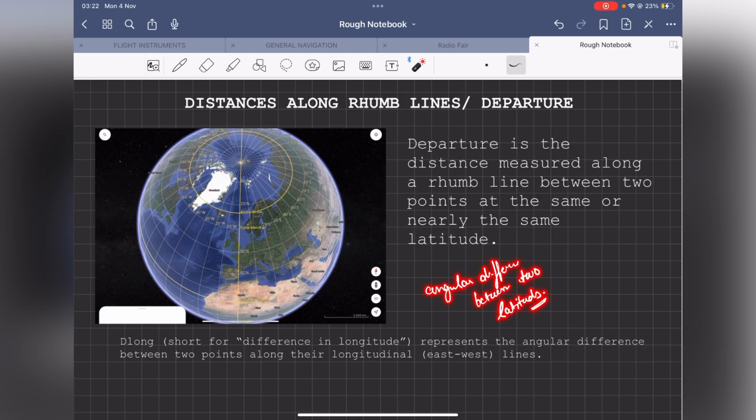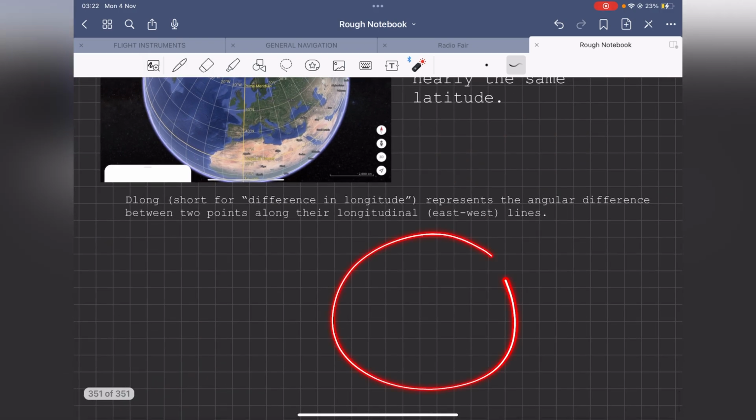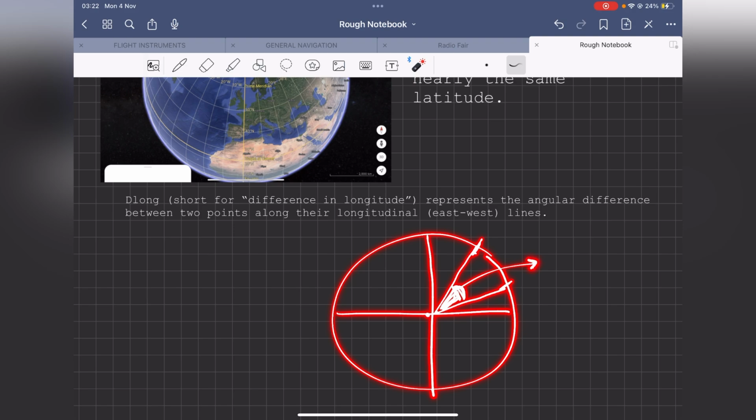In the previous class we saw that if this was the center and this was our prime meridian and this was the equator, and we had two points, I was trying to find out the angular difference between them. I was trying to find out this angle, and then I used to apply some formula and convert this angle to a distance. Because going pure north or pure south, I would be traveling along a great circle anyway. So the conversion from an angle to a distance was not tough.